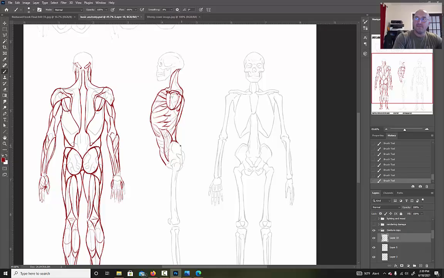Then you'll have your, let's see, your IT band is working from the front across to about mid. Then you've got your quadricep.